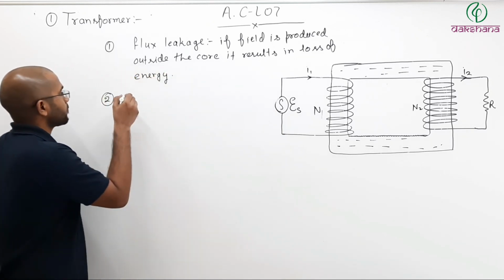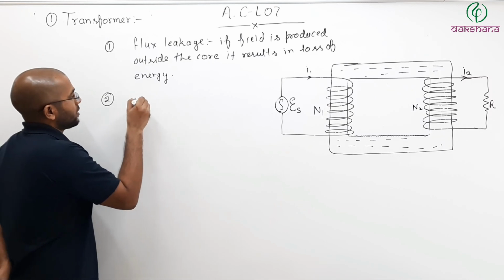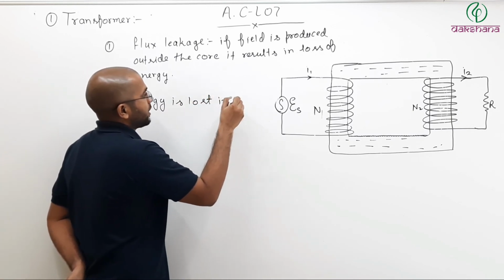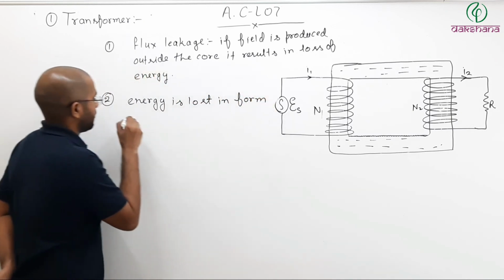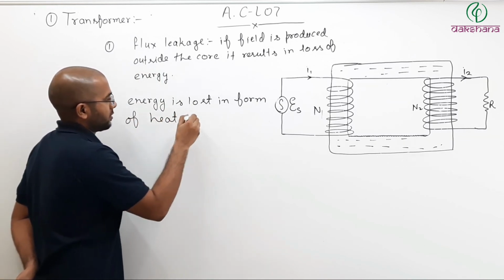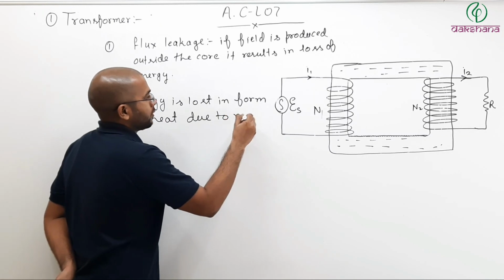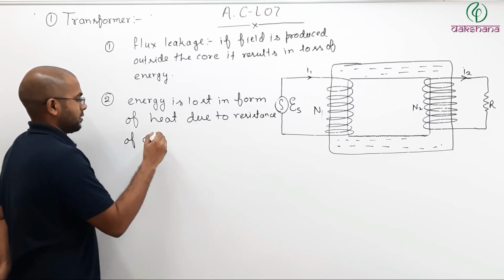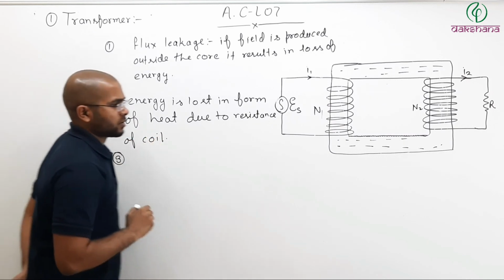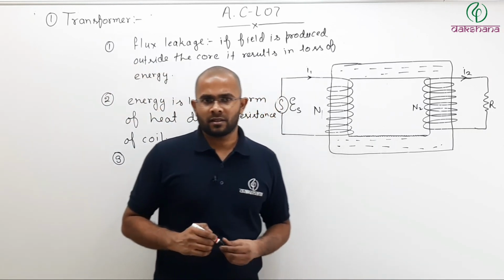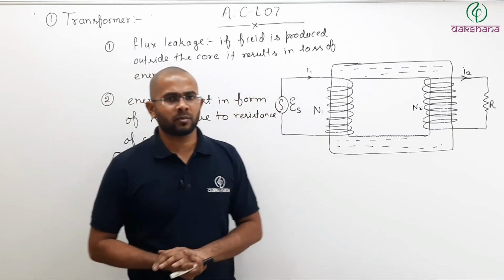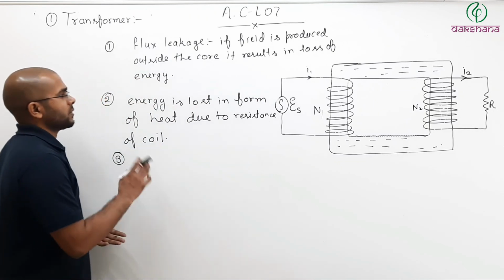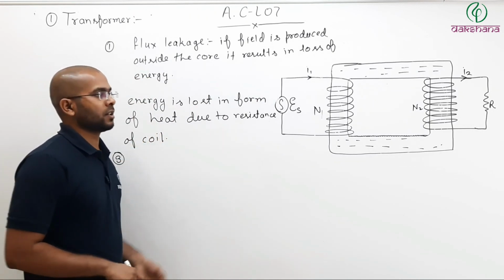So energy is lost in the form of heat due to resistance of coils. In reality, it is not possible that there is a resistance-less wire. In superconductors it is possible, but in whatever transformers you have seen, it is not possible. So they lose some energy in the form of heat due to the resistance of the coil.